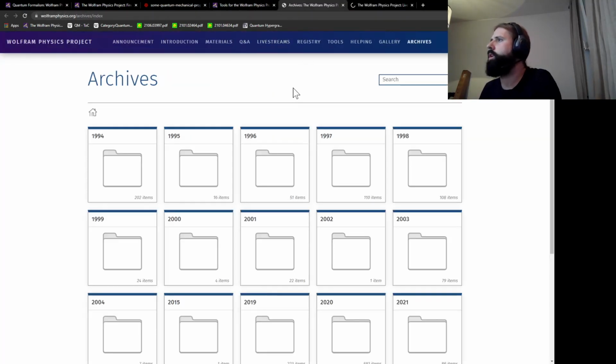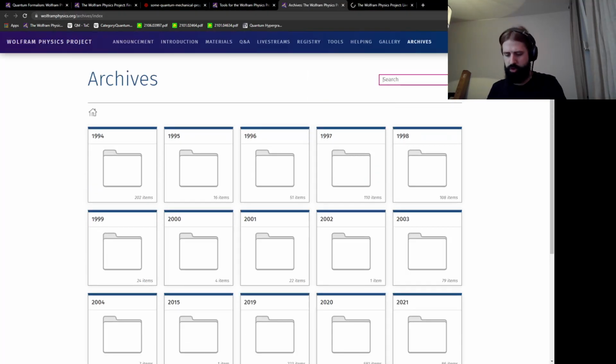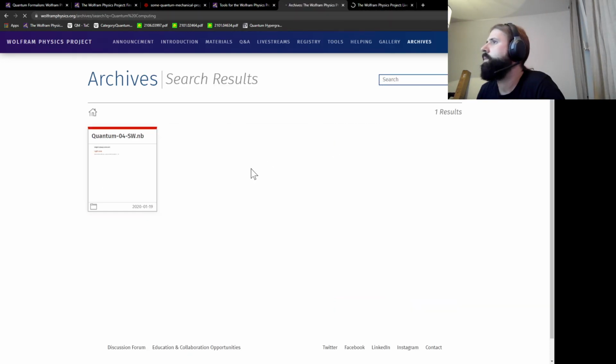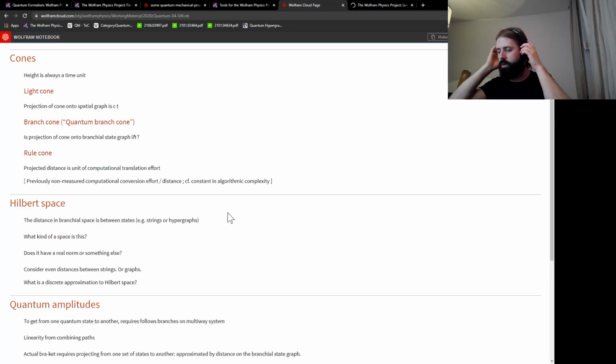So here's all the notebooks. So let's see, what if I search quantum computing? Because I want to find a specific example.